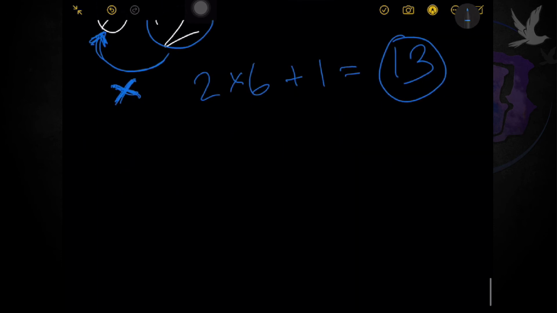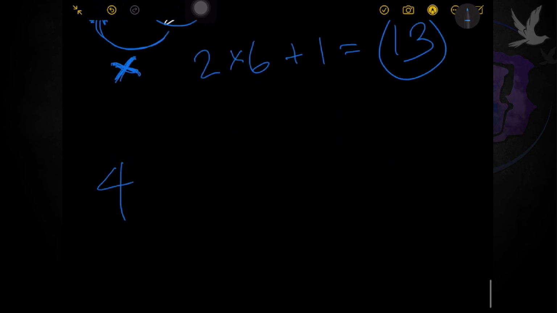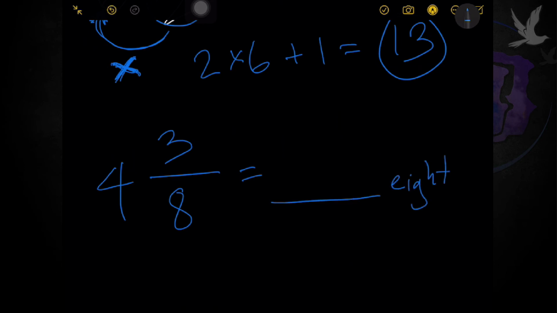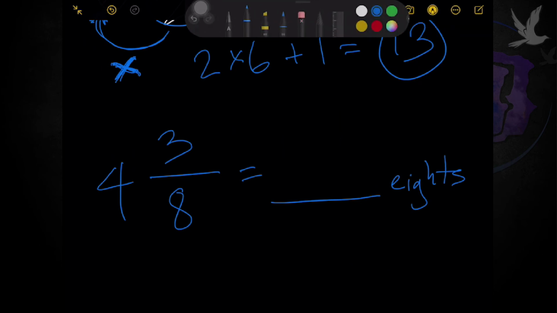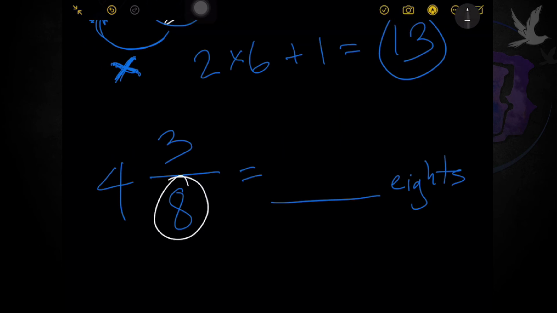Okay. Teacher Mark, I don't get it. Sige, let's say 4 and 3, let's say 8s. Okay. How many 8s? How many 8s do you have? Again, take your denominator, multiply it to the whole number, and whatever your answer is, you add it to the numerator.